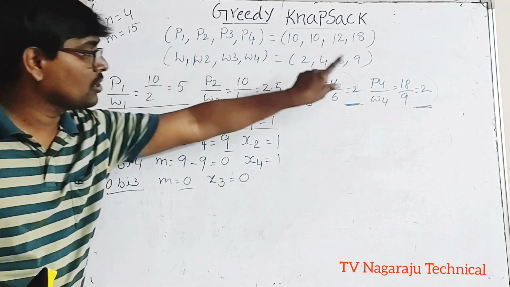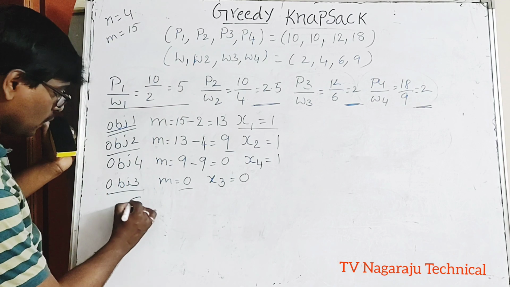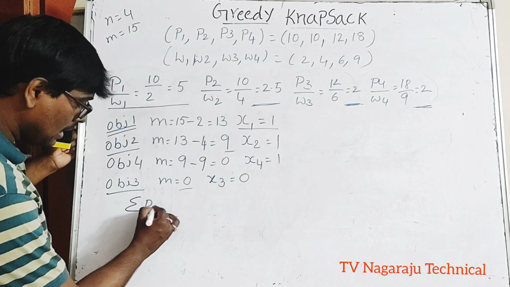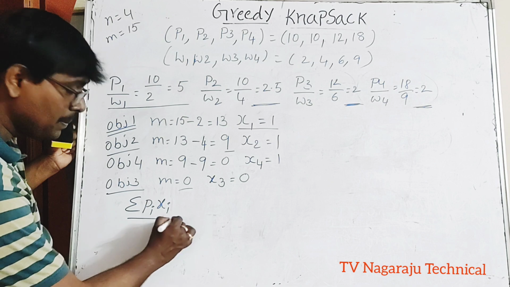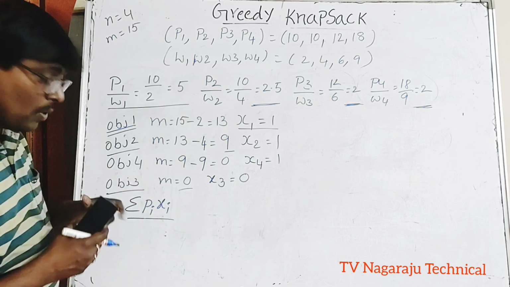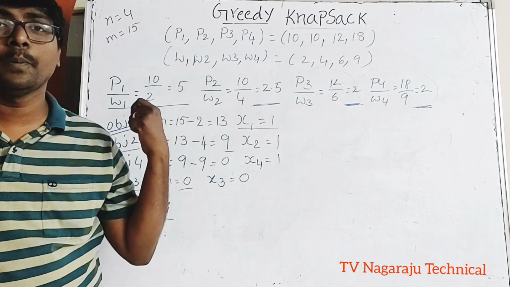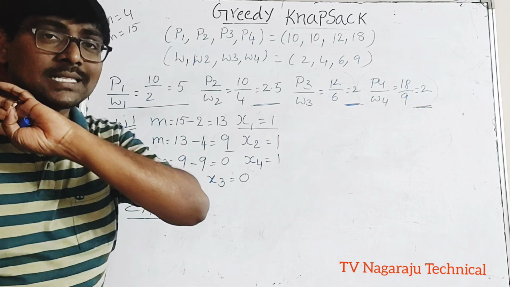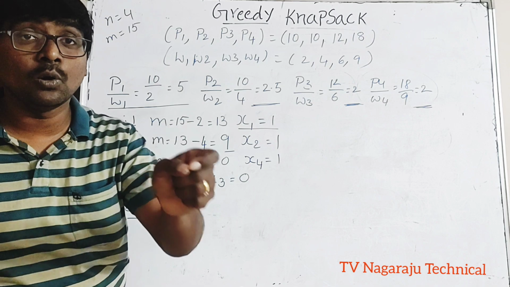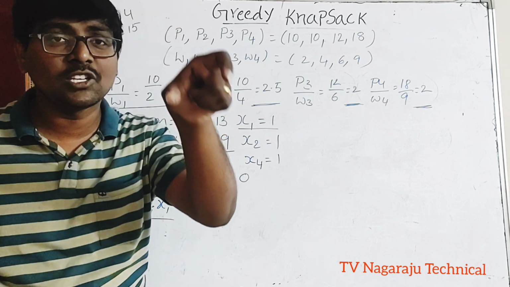Now verification of all the objects is completed. Finally, what you need to calculate is sigma PiXi, profit with their instance. If the object is completely placed, the total profit is considered. If the object is not placed at all, the profit is 0. If a fractional part is placed, you get only that fractional profit.